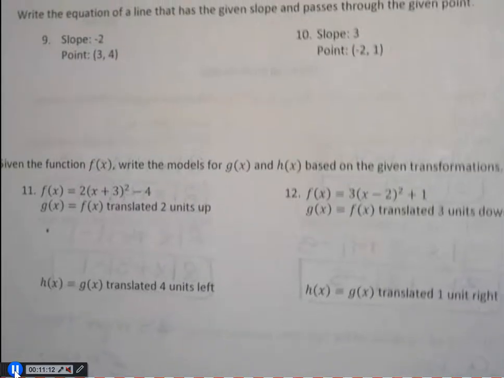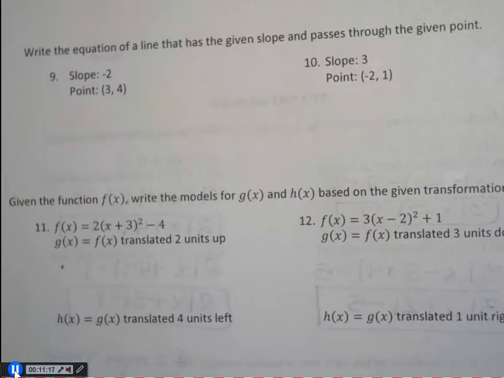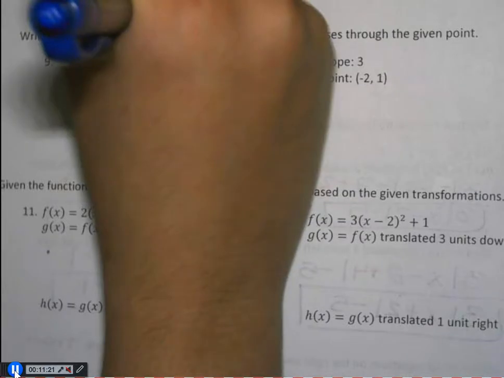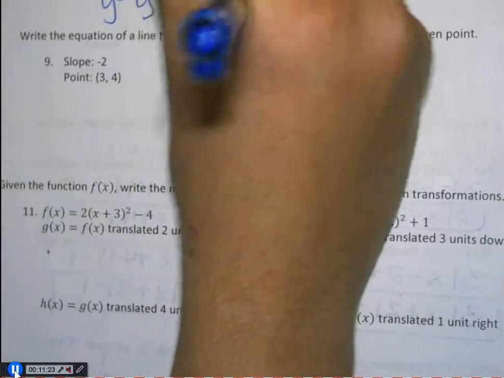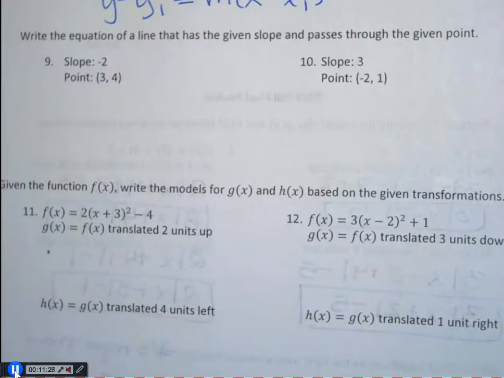Okay, so this one wants me to write the equation of a line given the slope and that passes through the given point. So this formula is y minus y1 equals m times x minus x1. Ooh, that's off the screen. And it's slow. I moved it. It's just taking a while.